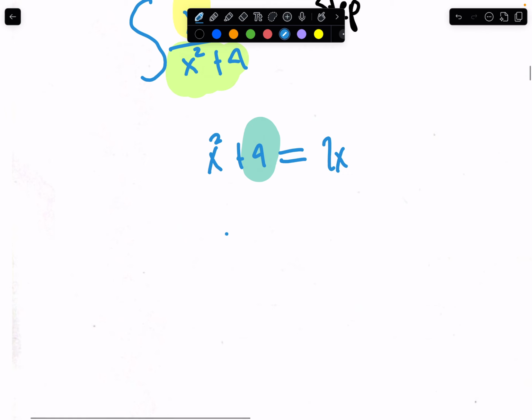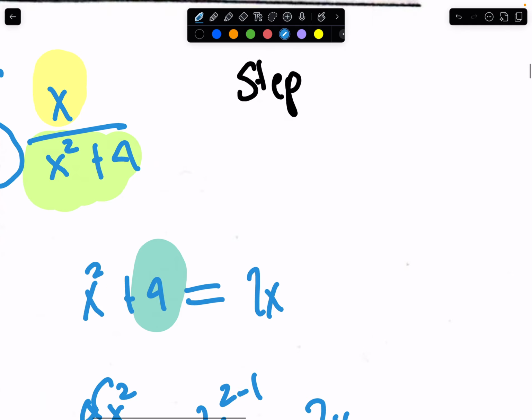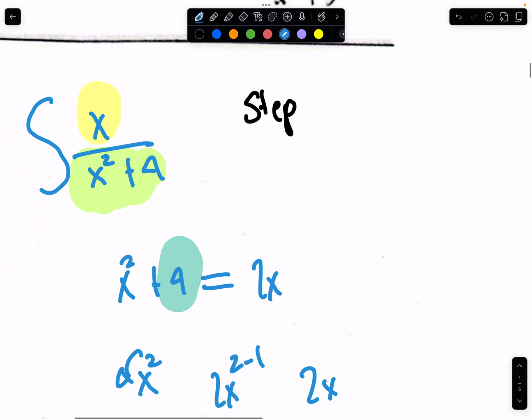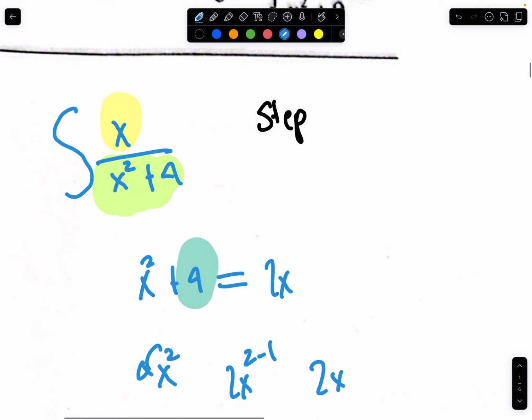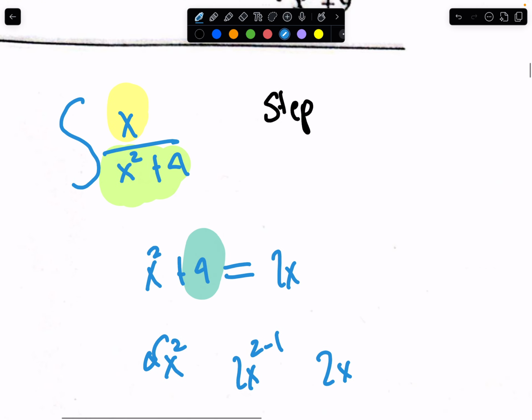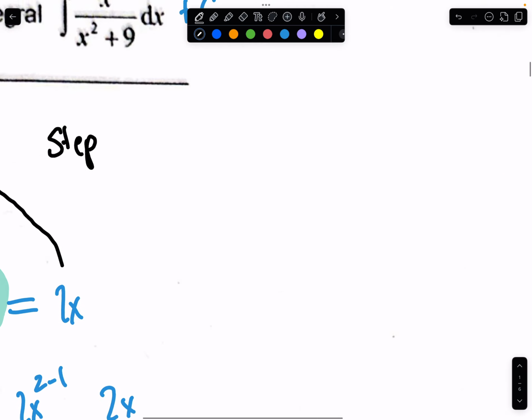To solve this, you move the 2 forward, 2x to the power of 2 minus 1, and that just gives you 2x. Getting back into solving the question, we can see a relation: 2x is double the numerator. And this would help us with substitution.